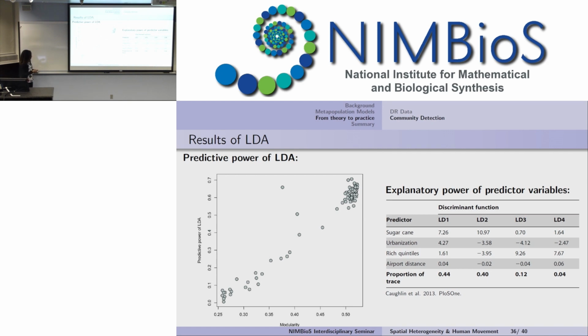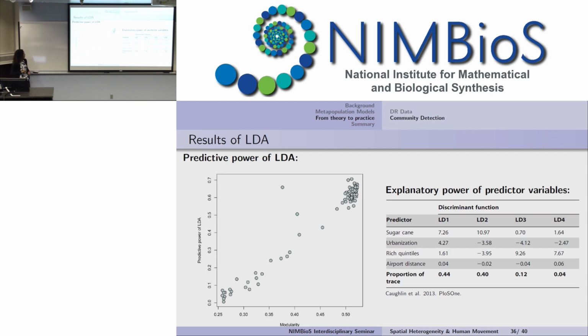We were happy to see this linear relationship because it gave us an indication that the discriminant analysis was doing what we wanted it to do. A lower modularity score presumably means that the partition is not as close to the actual community structure as a partition that has a higher modularity score.